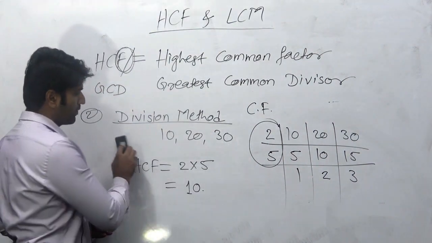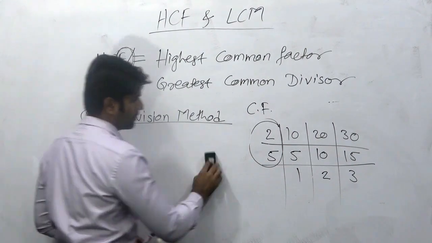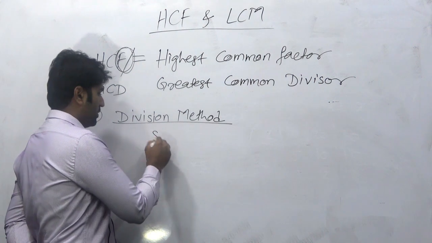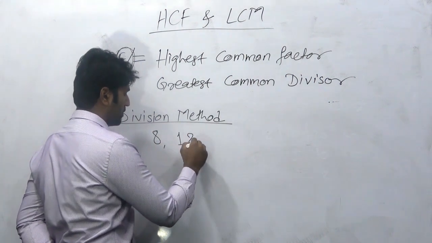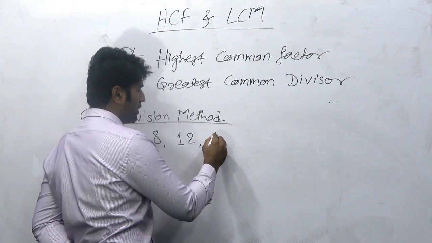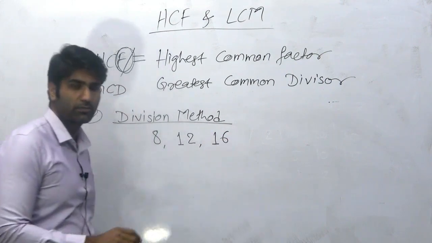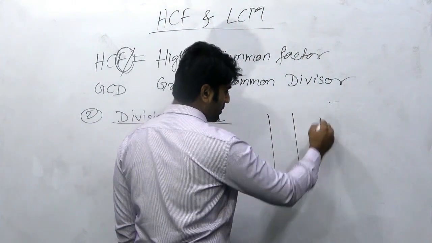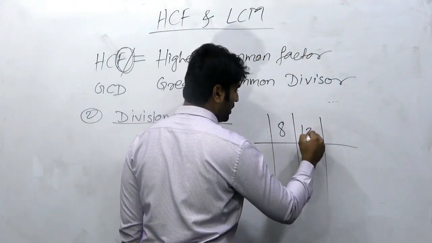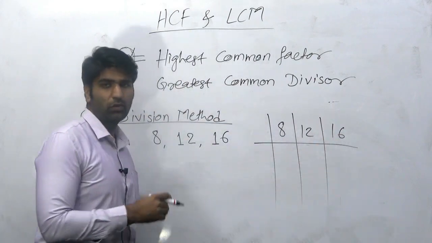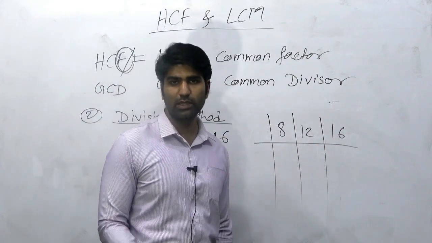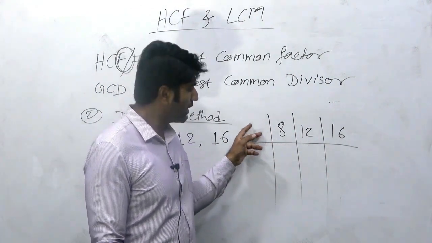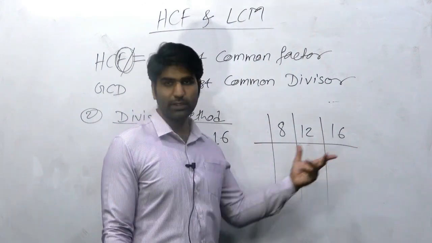Let's take another example: 8, 12 and 16. We have to find a common number which can divide all the given numbers. There are multiple numbers like 2 and 4. We can directly take 4 because 4 can divide all the given numbers.